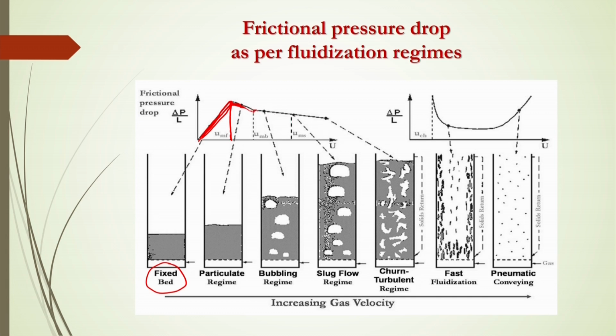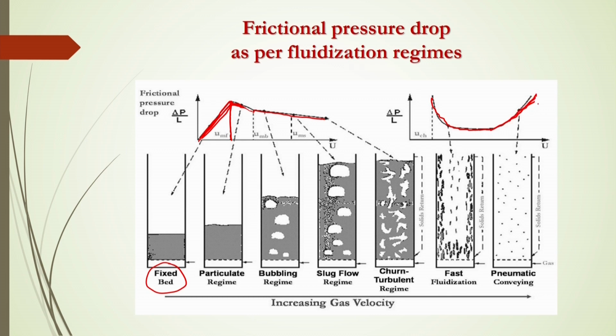Again, from this bubbling fluidized bed, the frictional pressure drop will gradually decrease with respect to the fluid velocity. It will be so up to churn turbulent condition, but beyond this, in fast fluidization, the frictional pressure drop will decrease, and again it will remain constant, and after a certain point, you will see that for pneumatic condition it will be higher pressure drop.